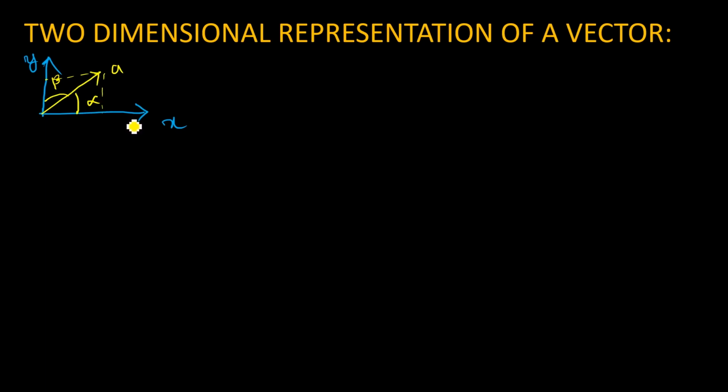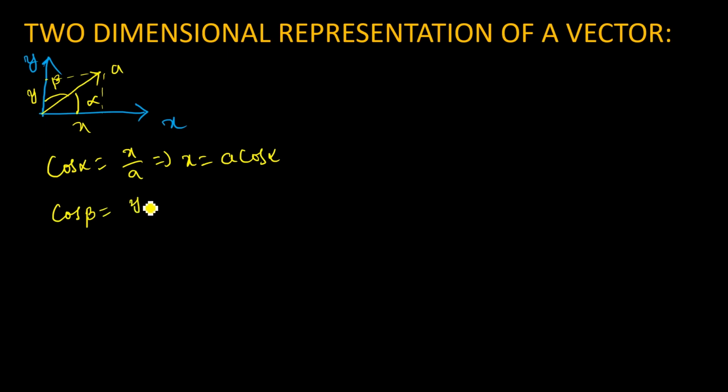Now cos alpha equal to x by A. The adjacent side is x. So x equal to A cos alpha. Then cos beta equals y by A, because this is the magnitude of A. So y equal to A cos beta, right?